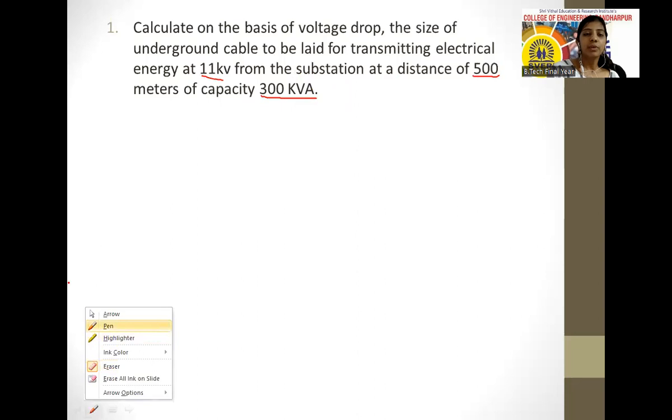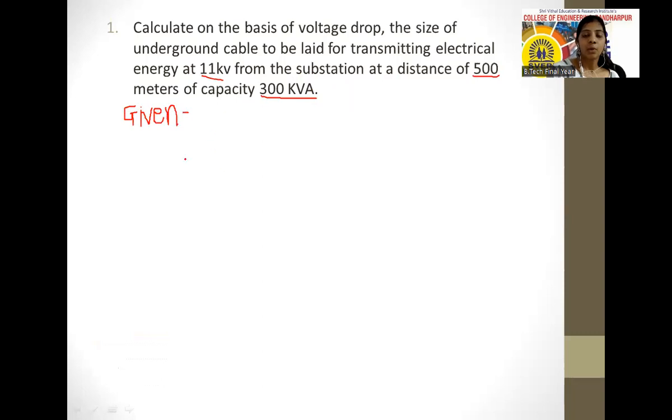Now, first step, we will put all the given quantities. What are the given quantities here? Voltage level is given here, 11 kV.